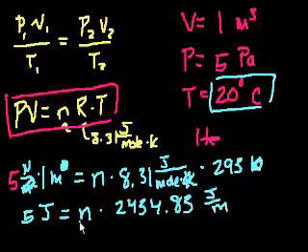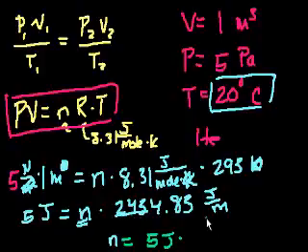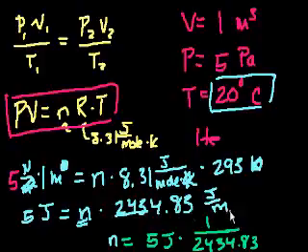And so to get the number of moles, we just divide both sides of the equation by that, and the units should work out. So N is equal to 5 joules times 1 over 2434.83, and then since we're dividing, this flips, moles per joule.